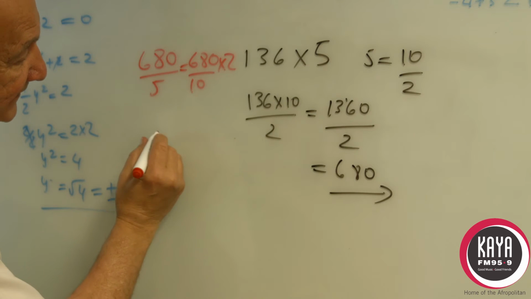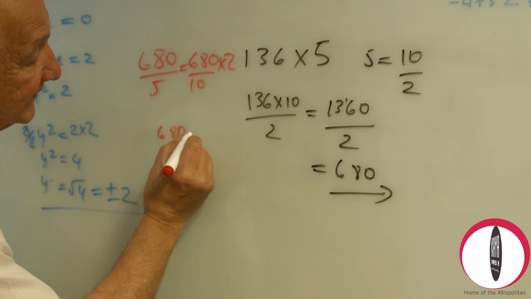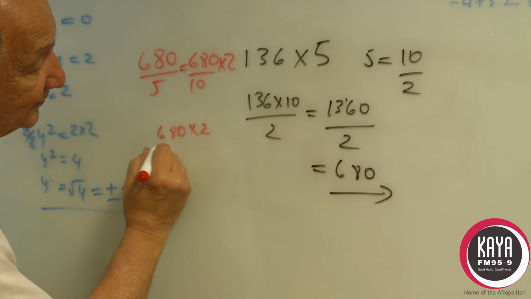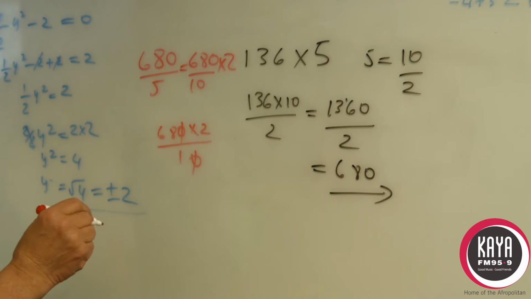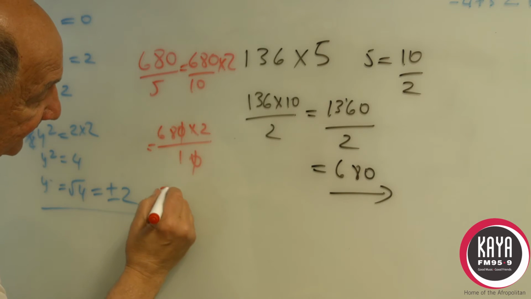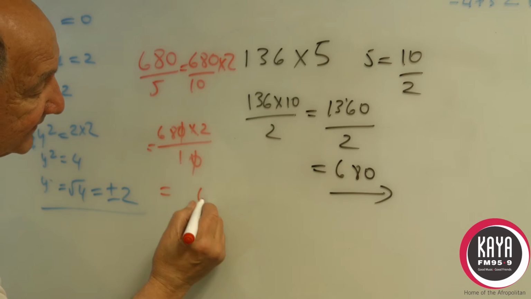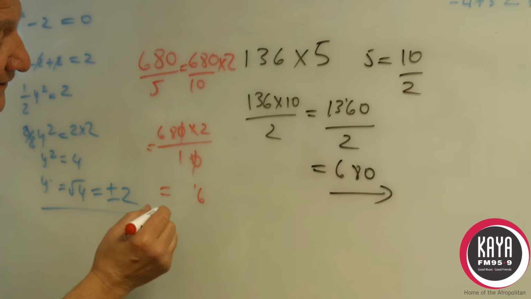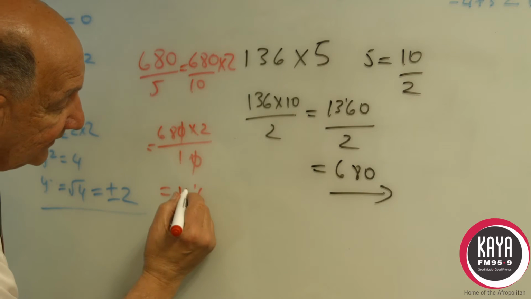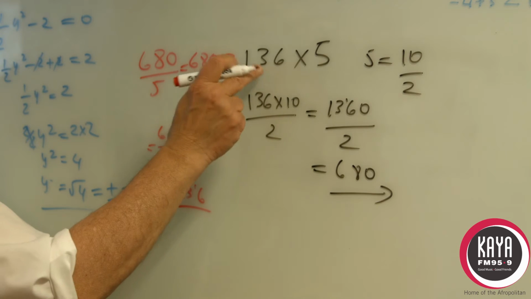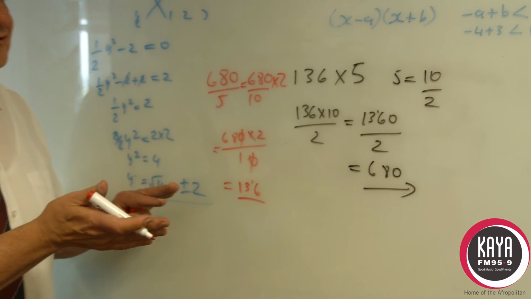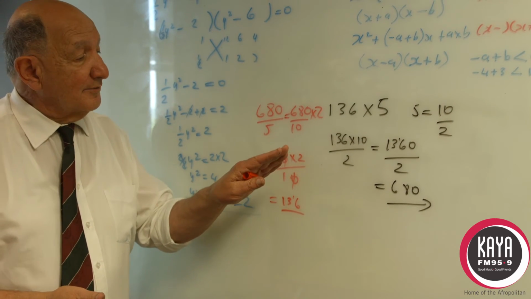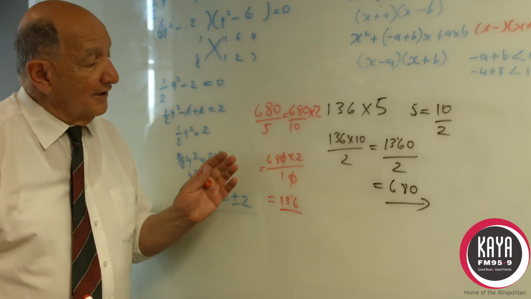So we will have 680 times 2 divided by 10. The noughts cancel, and then 2 8s are 16, carry 1, 2 6s are 12, and 1 is 13, so 136, which was the original problem. So you can see that you can use the multiplication smart or the division smart, again multiplying.